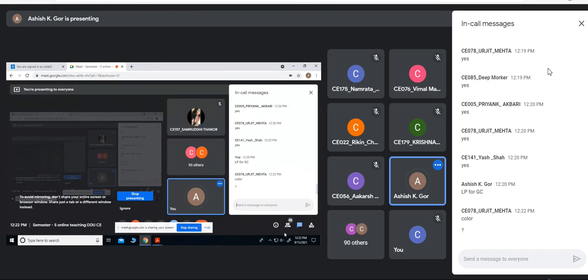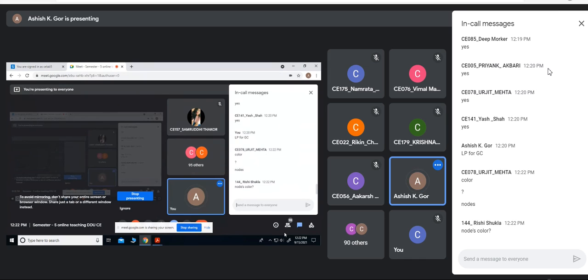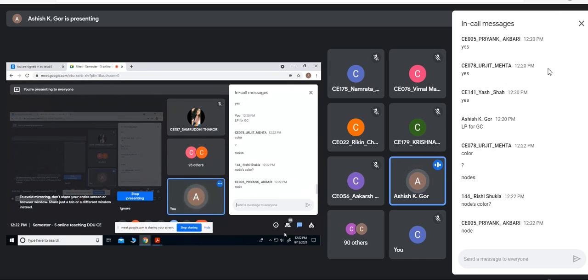For color? Since you are trying to minimize the number of colors, what does color refer to? To what are you giving a color? Node, very correct. We are giving a color to a node, so the nodes are very important. So for the nodes you should have variables.